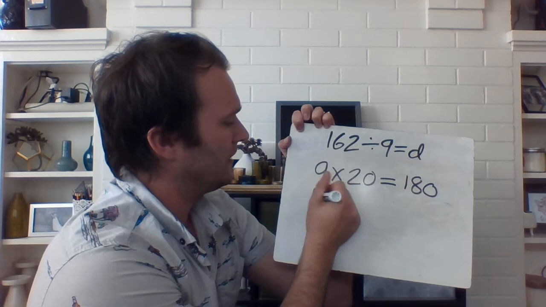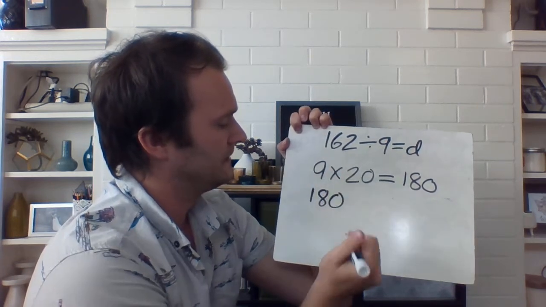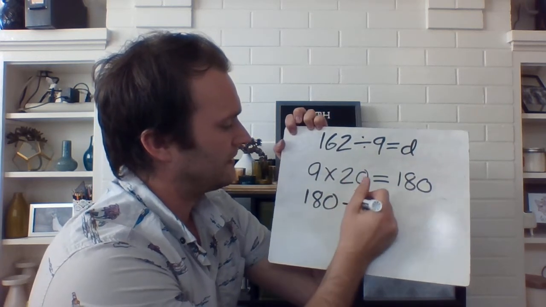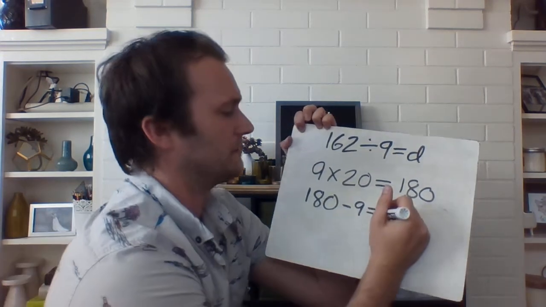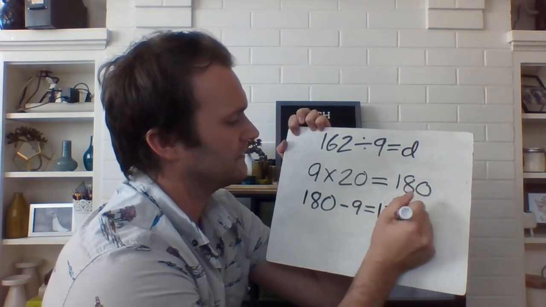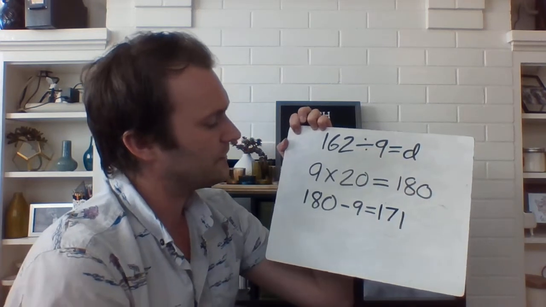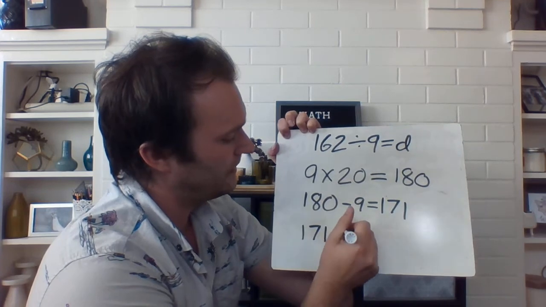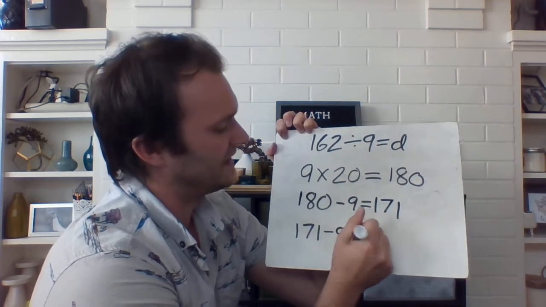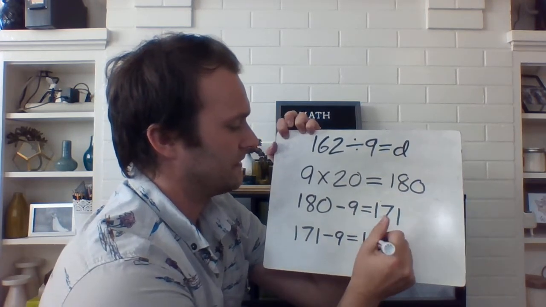So I can go 180. I'll subtract 9 from that. That's going to be, oh, it's close, but it's still not actually quite there. It's 171. So I'll subtract another group of 9. 171 minus 9. And that's going to get 162.